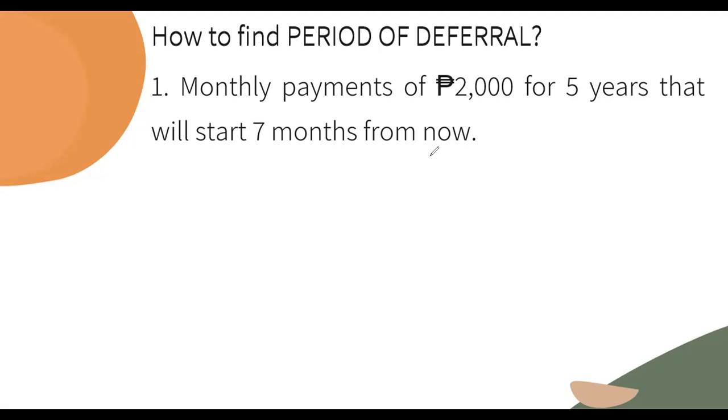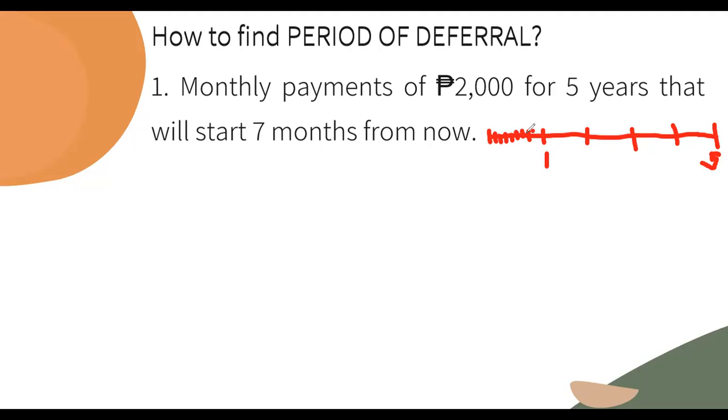Drawing muna ako ha. Period of deferral. Kung 5 years, ito 1, 2, 3, 4, 5. Okay, 5 years. And then sabi, mag-start ka daw ng payment 7 months from now. So since ito yung from 0 day, 7 months, 1, 2, 3, 4, 5, 6, 7.